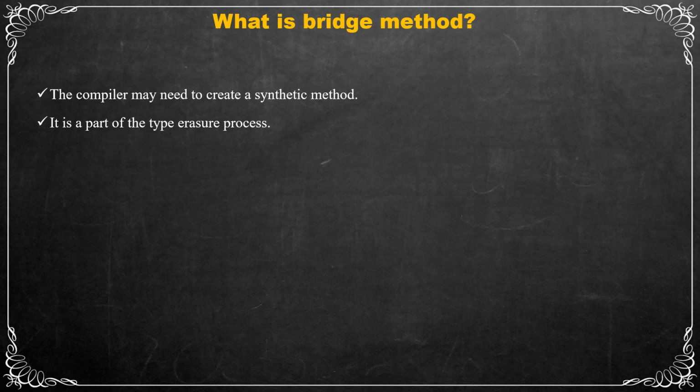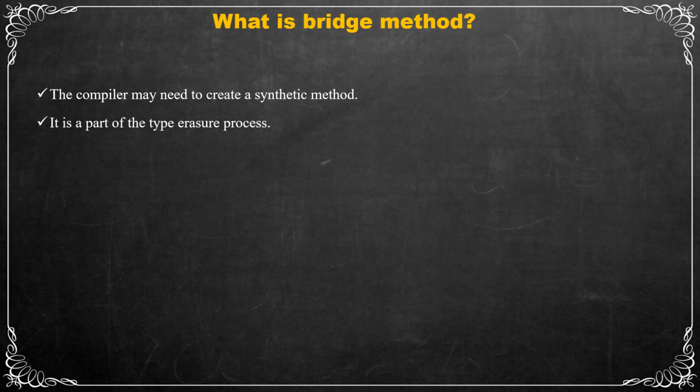The compiler will need to add a bridge method to a class to handle situations in which the type erasure of an overriding method in a subclass does not produce the same erasure as the method in the superclass.